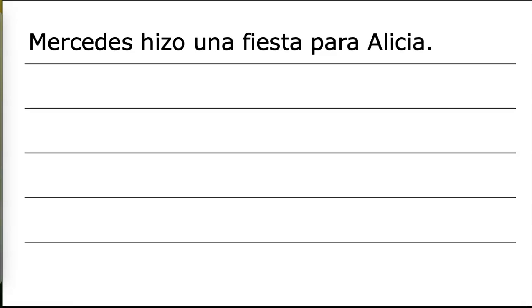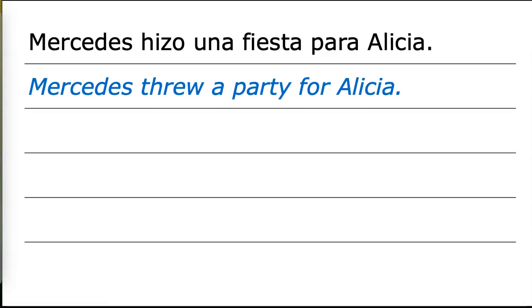Mercedes hizo una fiesta para Alicia. Go ahead and translate that. Mercedes threw a party for Alicia. Now, what are our object pronouns? Fiesta is our direct object because it's what she threw.